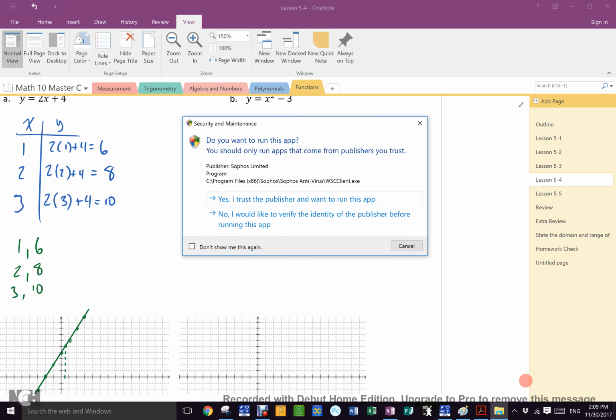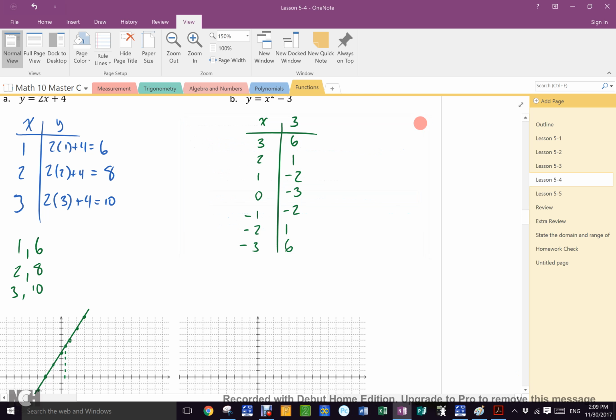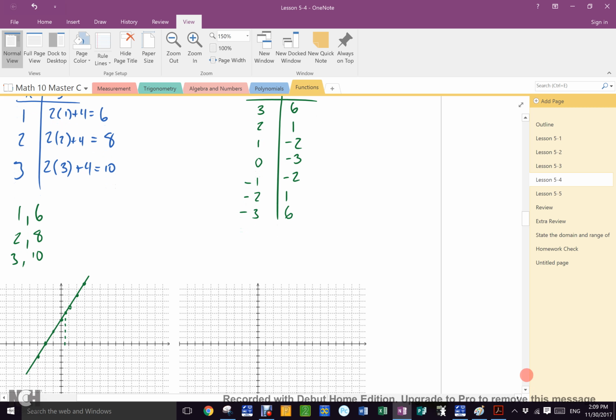Wait a minute. What is this insanity? It's a curvy line. 0, -3. Okay. 1, -2, -1, -2. 2, 1. -2, 1. 3, 6. -3, 6.